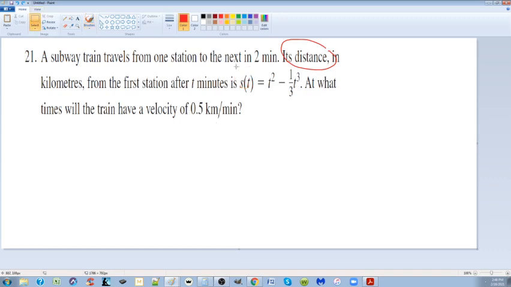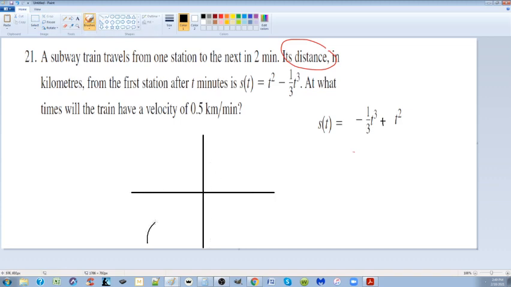Okay. So I like to rearrange my things. I like to put my biggest powers first, because now we can see that this is actually a cubic graph, which would normally start in quadrant 3 and go up, but this negative means it's starting in quadrant 2 and ending in quadrant 4.